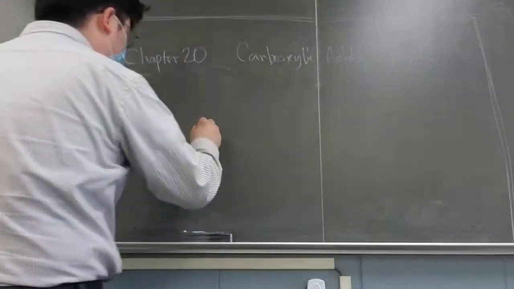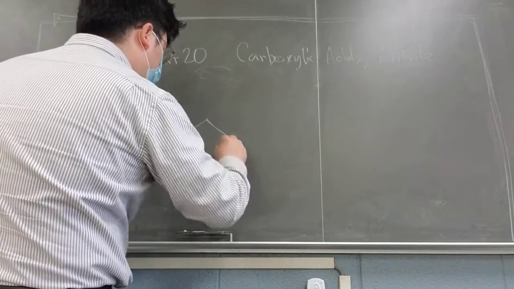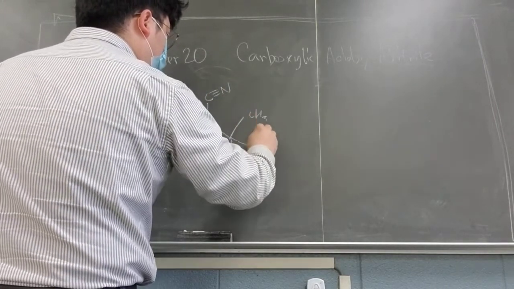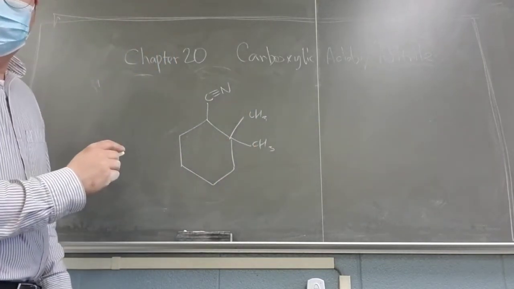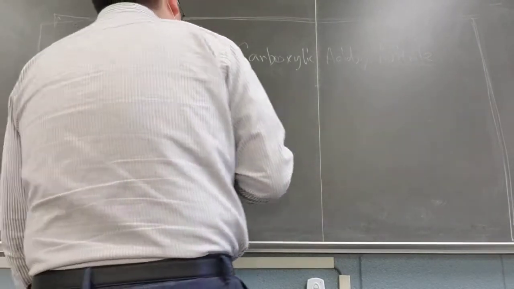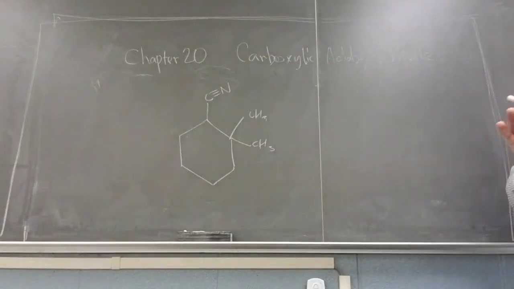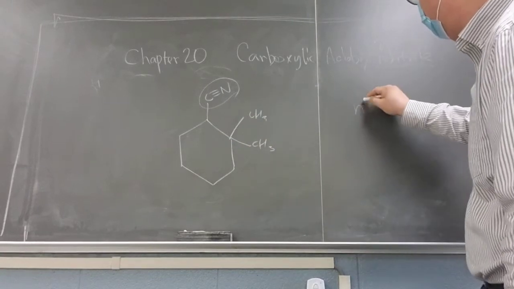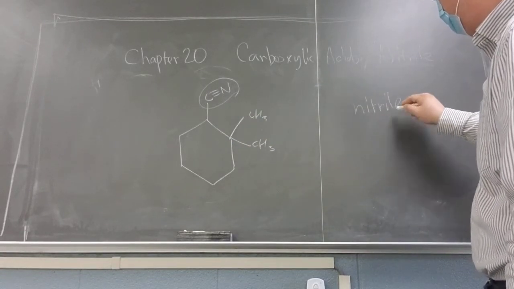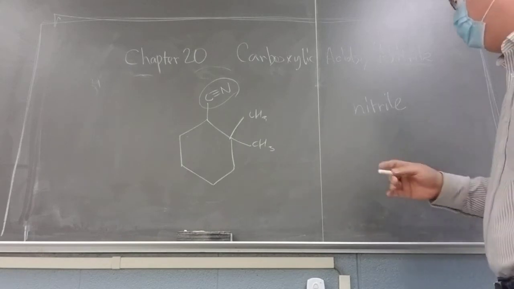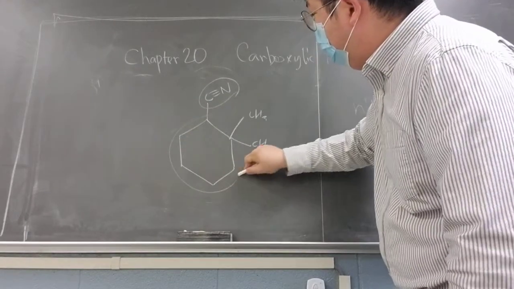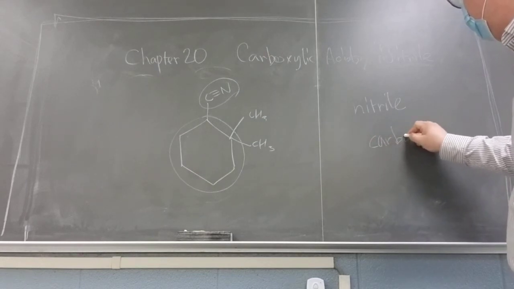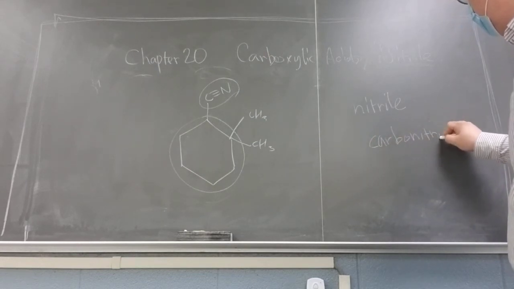Okay, so if you have this one, it's pretty much the same too. For this one, we have a nitro, right? For other alkyl compounds, but for this cyclic compound, you also do carbonitrile instead of just nitro.